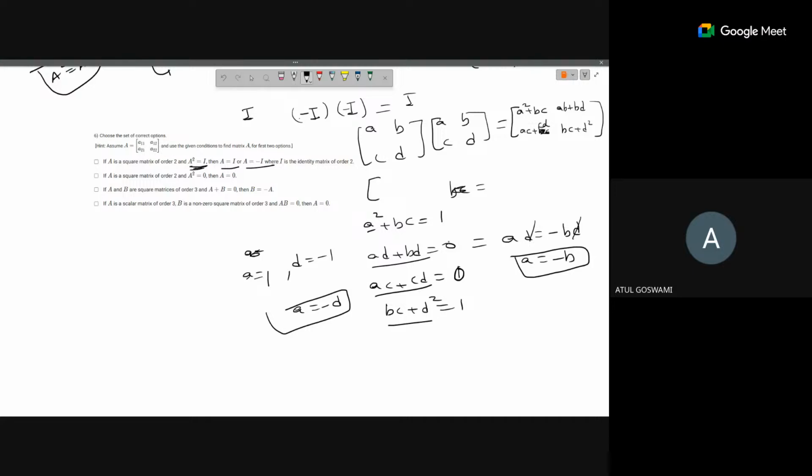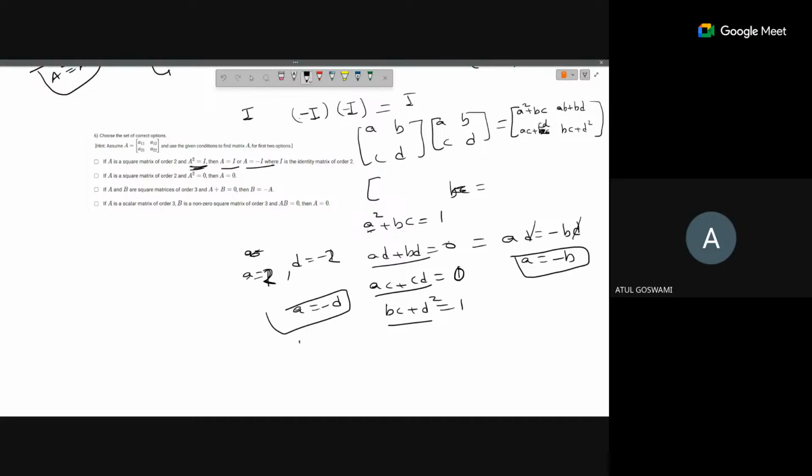So take some other value. Suppose A is 2, because we have to solve for one more. This example also works with A is 1, but I just want to take a different option. So 2 and minus 2.